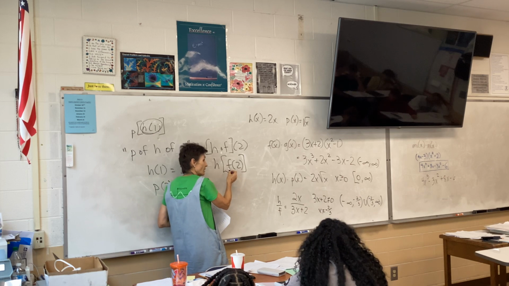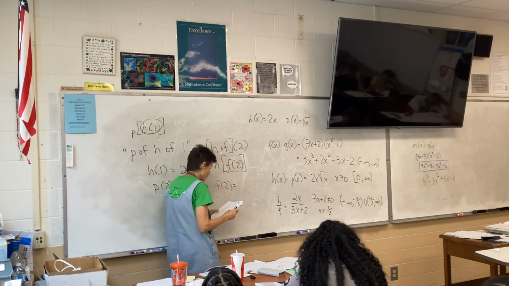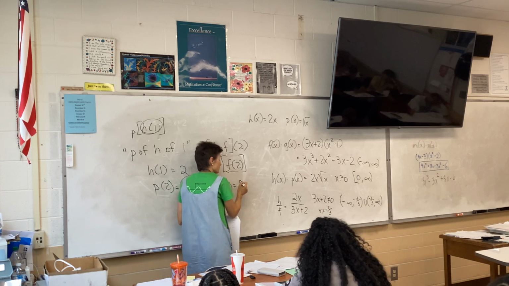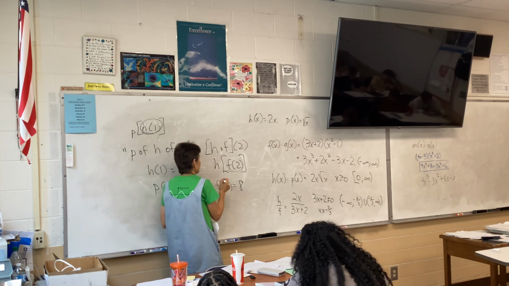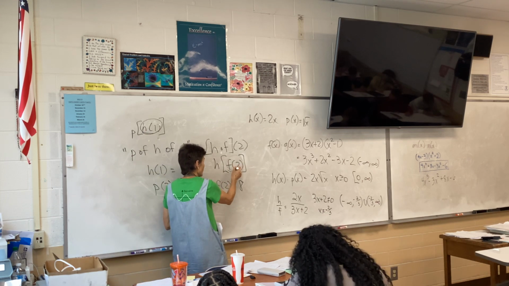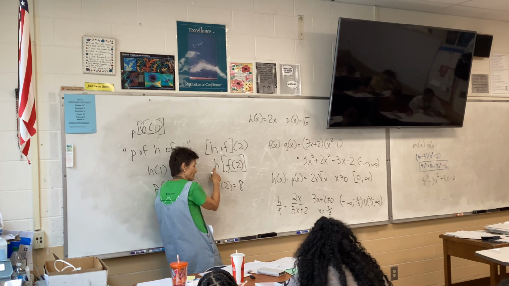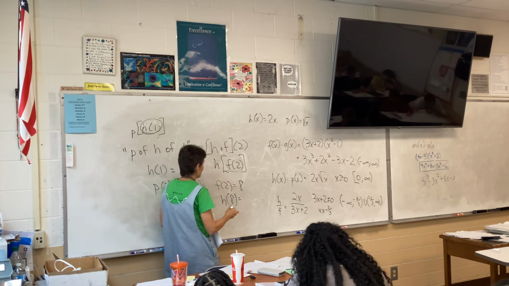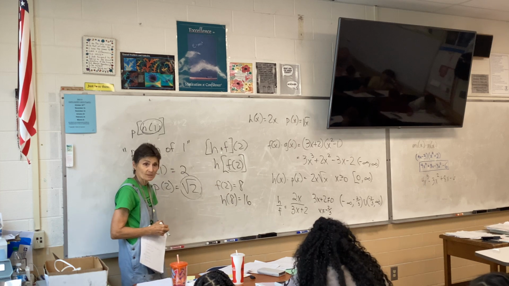So what do we start with? F of 2. And what do we get when we do F of 2? 8? Yeah. Everybody get 8? Now, we're not done. That's F of 2. So now we have to take the 8 and plug it into H. So H of 8 is 16. And that's my final answer.